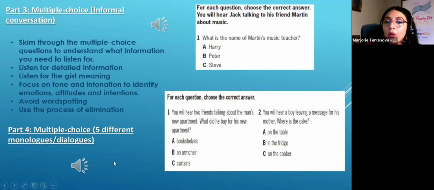And in the other one, they have to remember that once they do number 1, number 2 has nothing to do with number 1. It's a different kind of information. I would recommend that for this part of the test, you skim through.